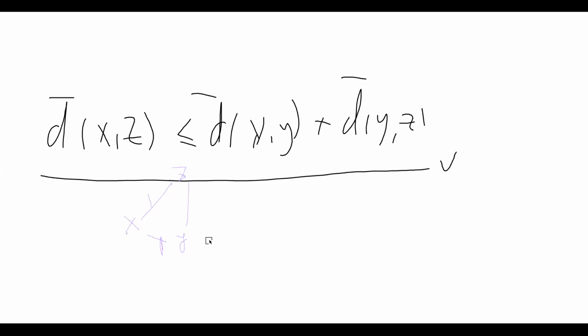Okay, I see. So you're saying that if the distance between y and x is big, and between x and z is big, then it's totally bigger than yz. So you have proven it for that case, right? What happens if, for example, d bar xy is very small and d bar yz is very small?